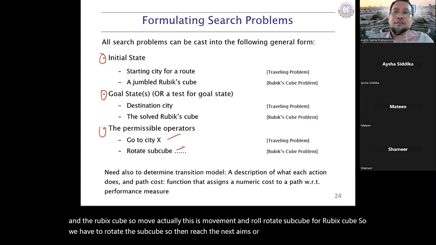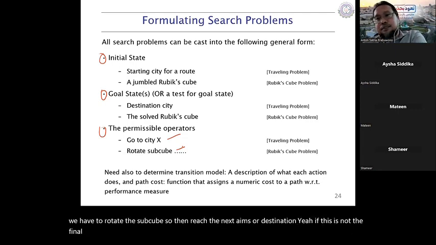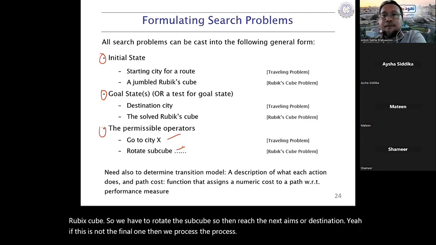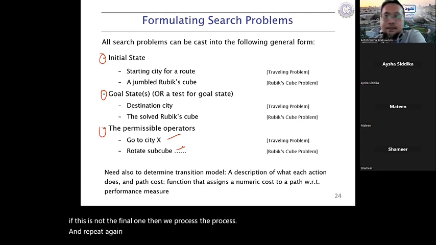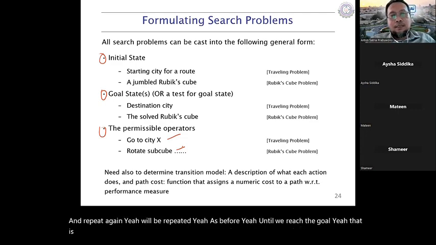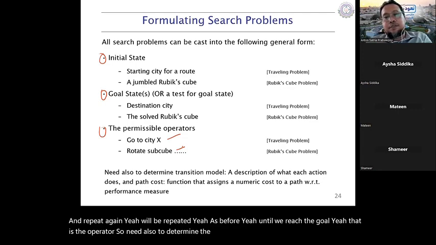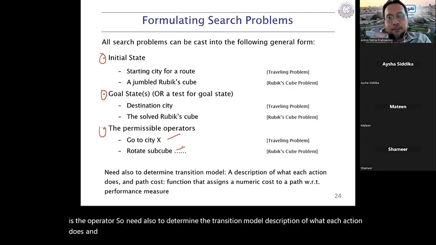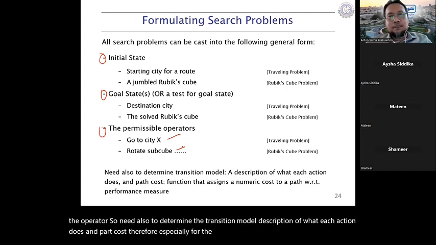If this is not the final one, then the process will be repeated as before until we reach the goal. We also need to determine the transition model, a description of what each action does and what cost, especially for the traveling salesperson.